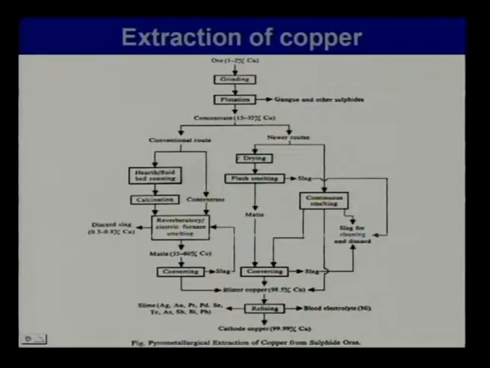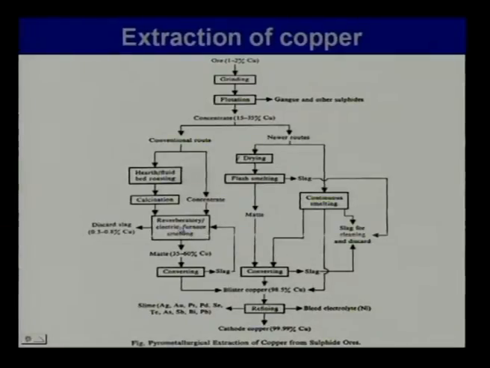Now, there are several ways which are similar, but they have evolved over time. The conventional or traditional route is this: the concentrate goes for reverberatory or electric furnace smelting, or it can go from hearth or fluid bed roasting, calcination, and then go for a reverberatory or electric furnace smelting.